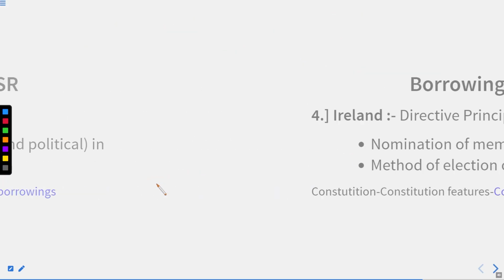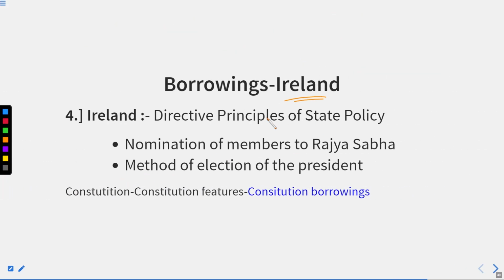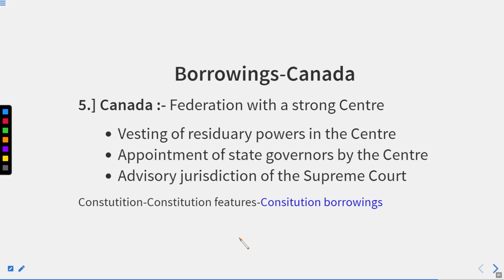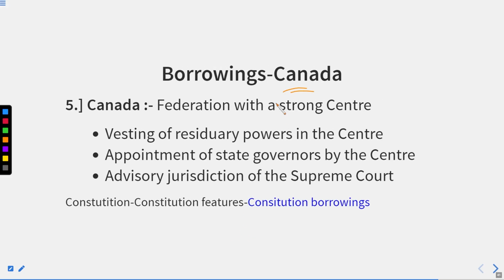Okay. Thereafter, from Ireland or the Irish constitution, we have taken the directive principles of state policy, nomination of members to Rajya Sabha, and method of election of the president. Alright. From the Canadian constitution, we have borrowed the federation with a strong center, vesting of residuary powers in the center, appointment of state governors by the center, and advisory jurisdiction of the Supreme Court.